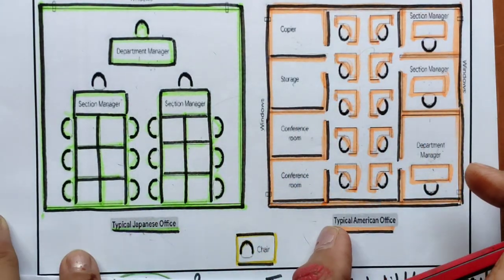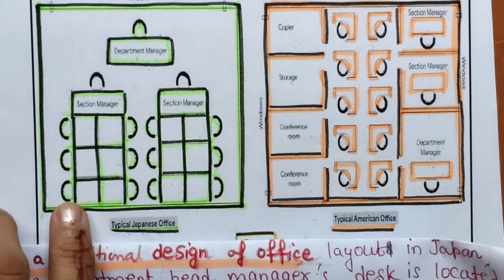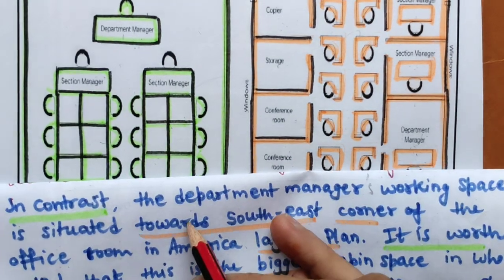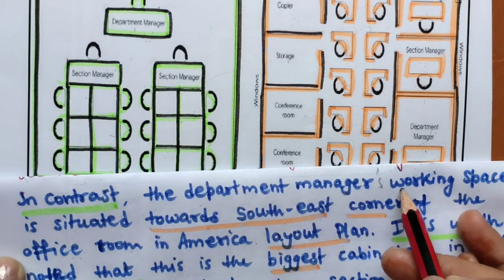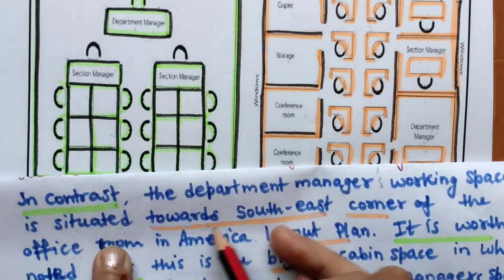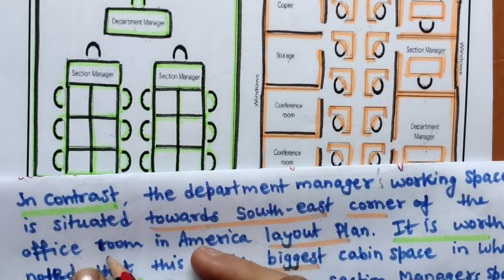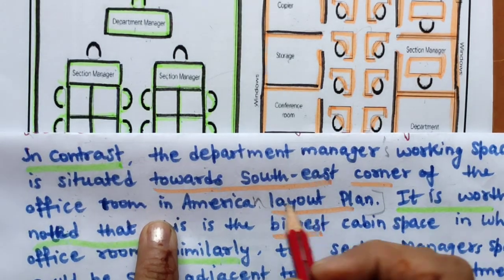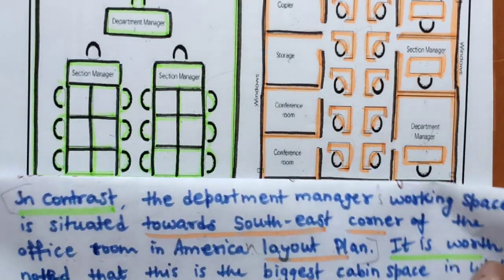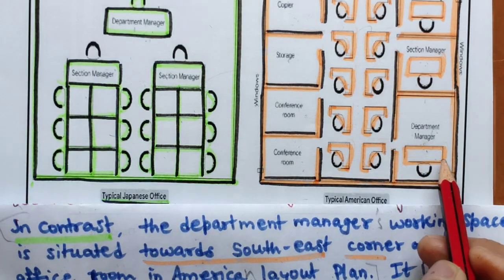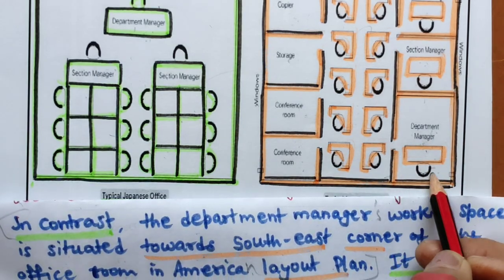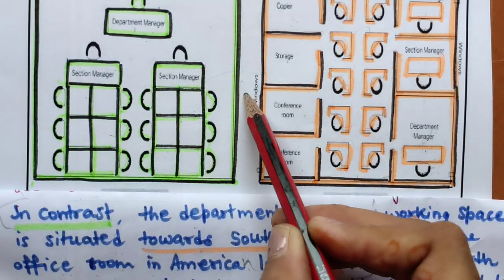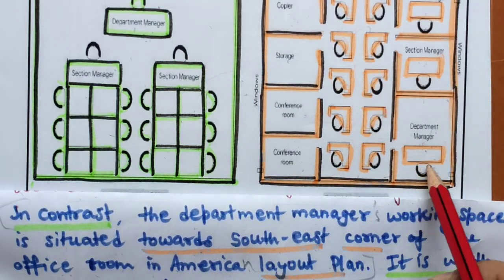Now let's talk about this, which is important to analyze. In contrast, the department manager's working space is situated towards the southeast corner of the office room in the American layout plan. See this? My full sentence from here to here. This is south, north, west and east, so this is the southeast corner.